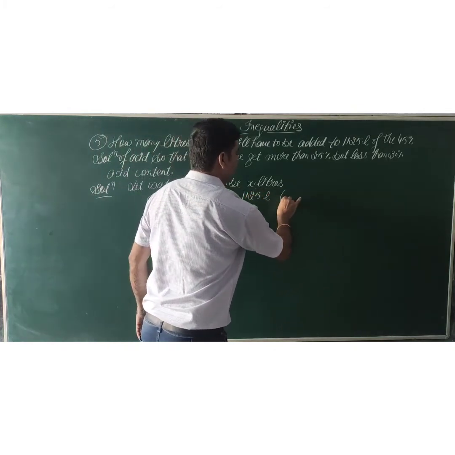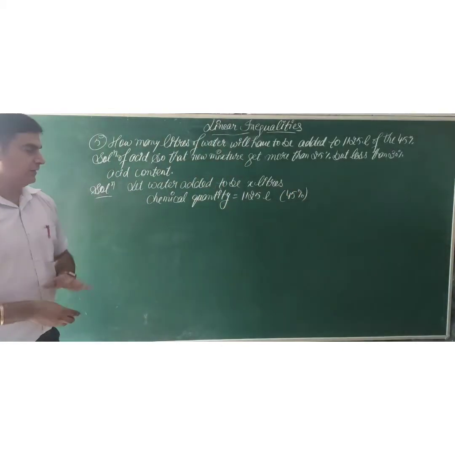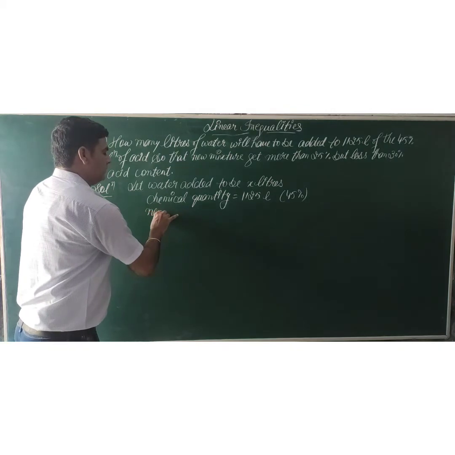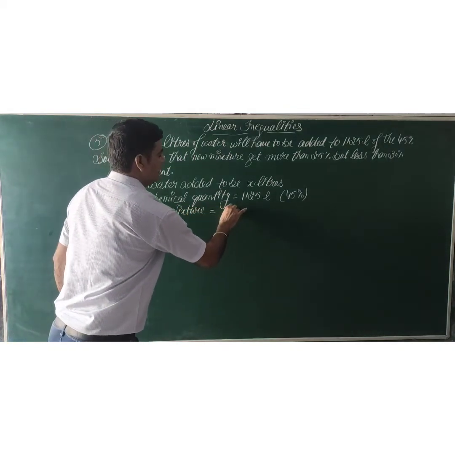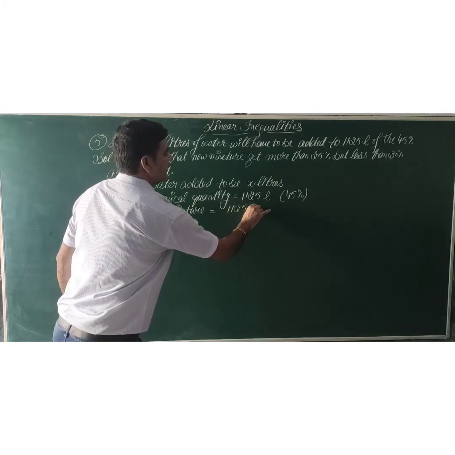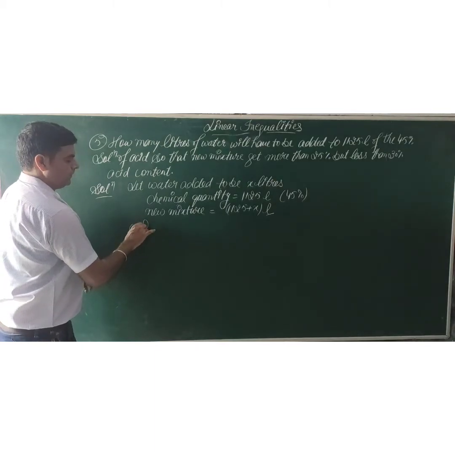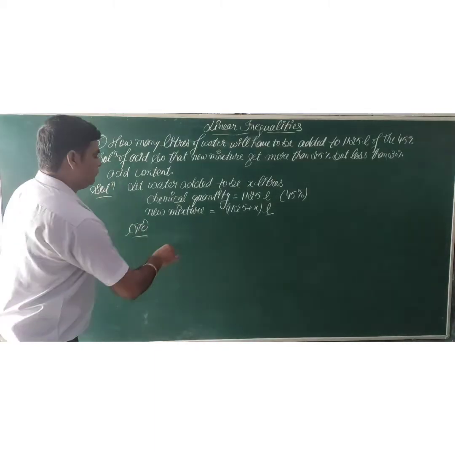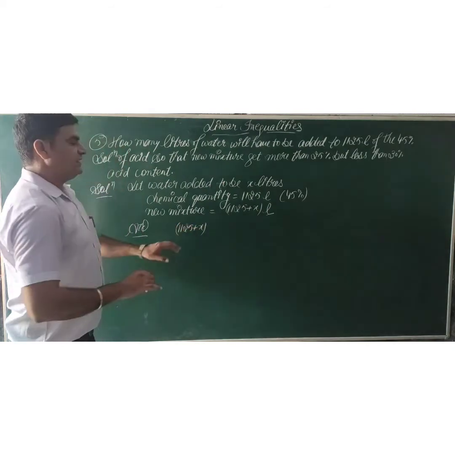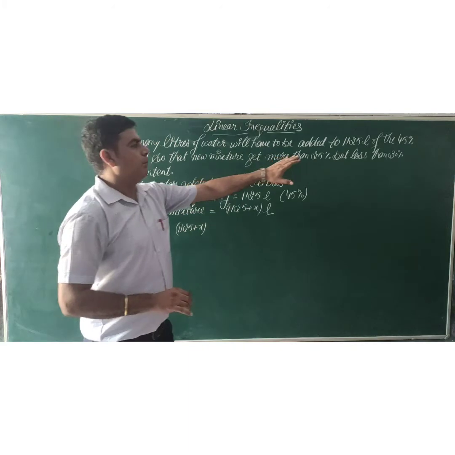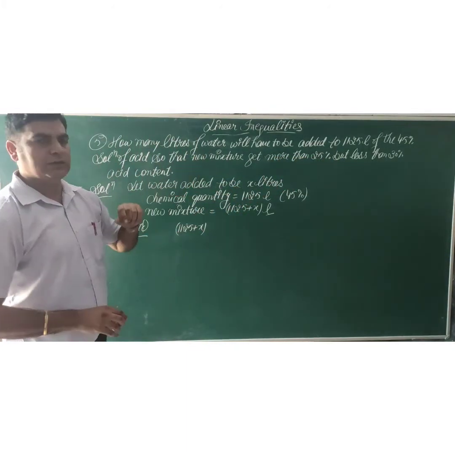We indicate the percentage of acid on the right side of the quantity. Now for the new mixture, if we add these two, the total quantity of the mixture becomes 1125 plus x liters. According to the question, the acid quantity in the new mixture should be more than 25% but less than 30%, a range of 25% to 30%.